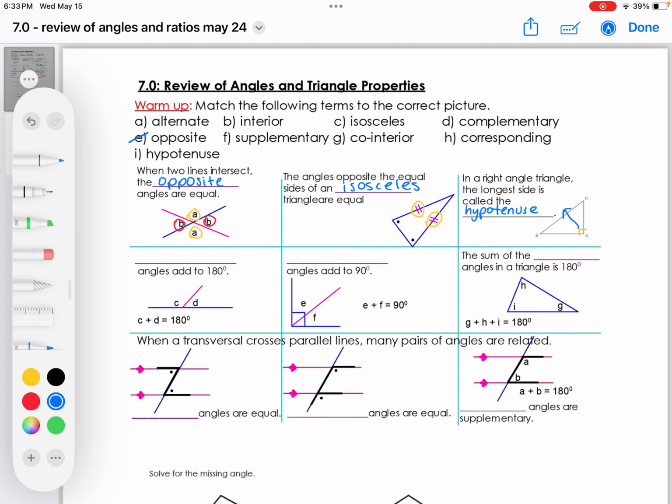And we're going to use the hypotenuse today. We're going to review the Pythagorean theorem. And eventually when we get to the trig ratios, we're going to talk all about the hypotenuse and its relationship to the other two sides. And this year we would like to be able to solve for the angle. So how can we find what angle B and angle C are if we know some of the side lengths? That's what we're going to work towards. Okay.